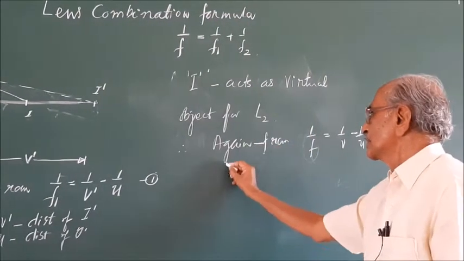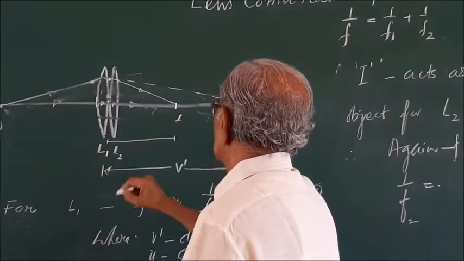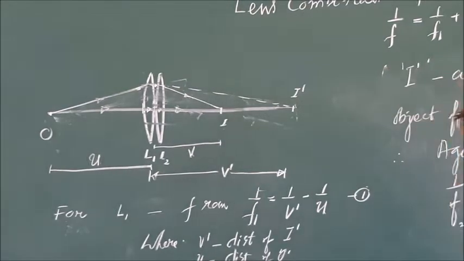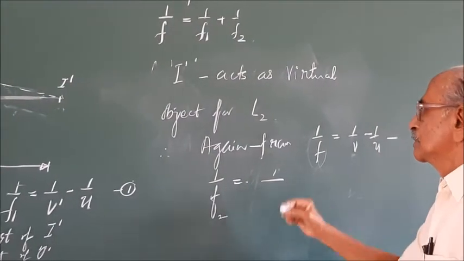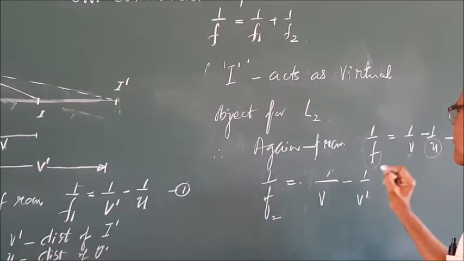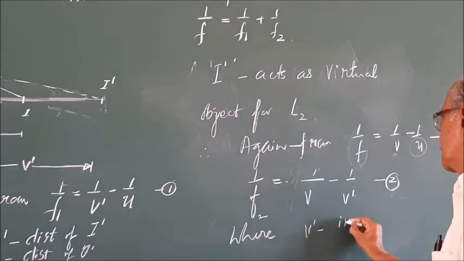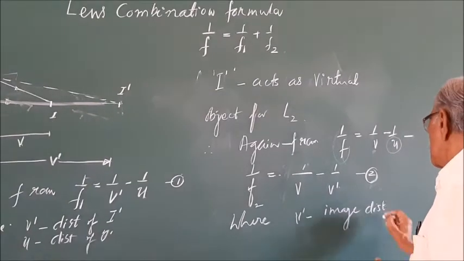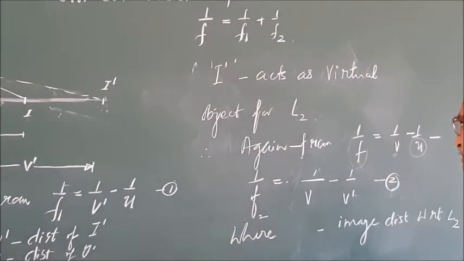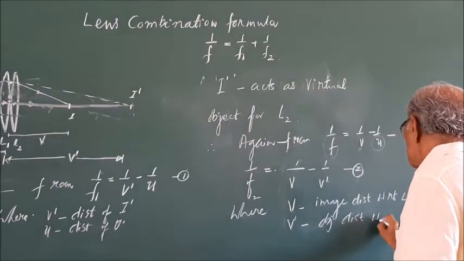Here, for the second lens, 1 over f2 equals 1 over v minus 1 over v dash, equation 2, where v is the image distance with respect to L2, and v dash is the object distance with respect to L2.